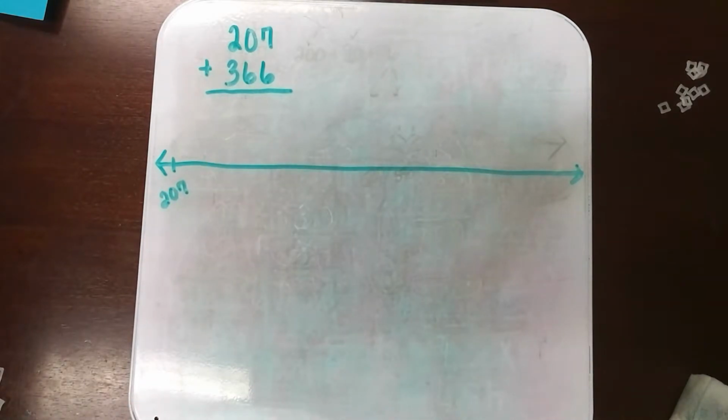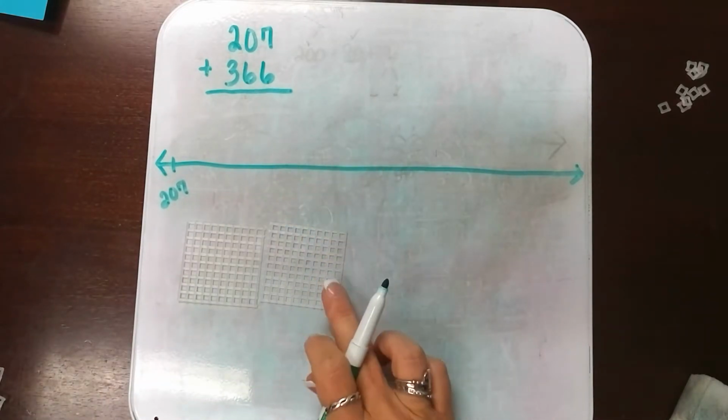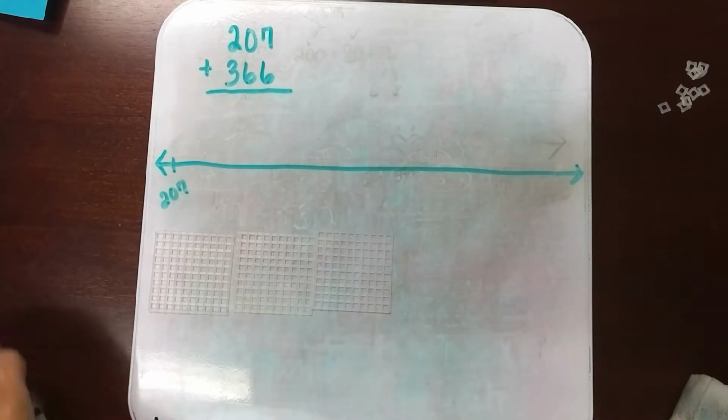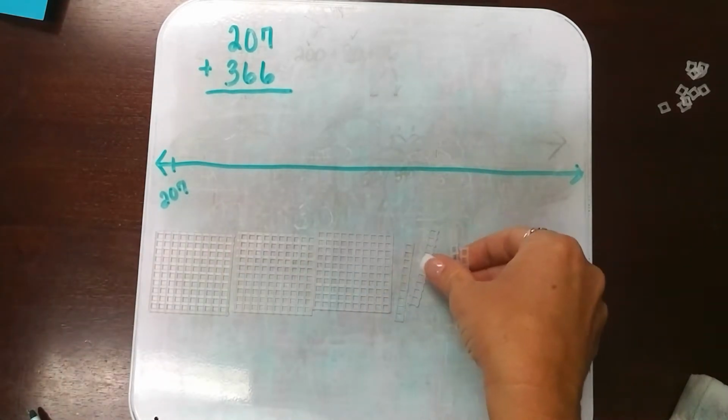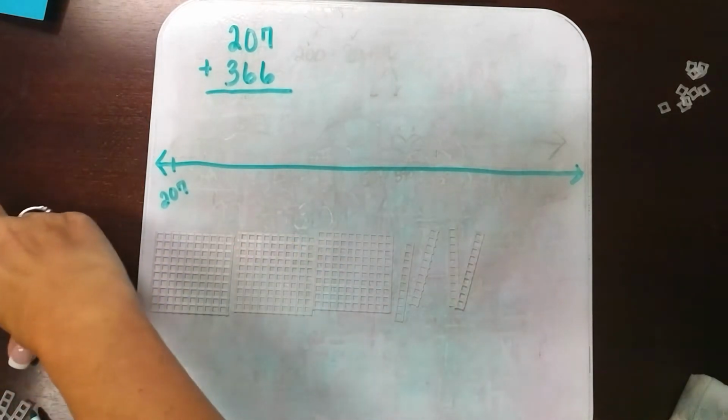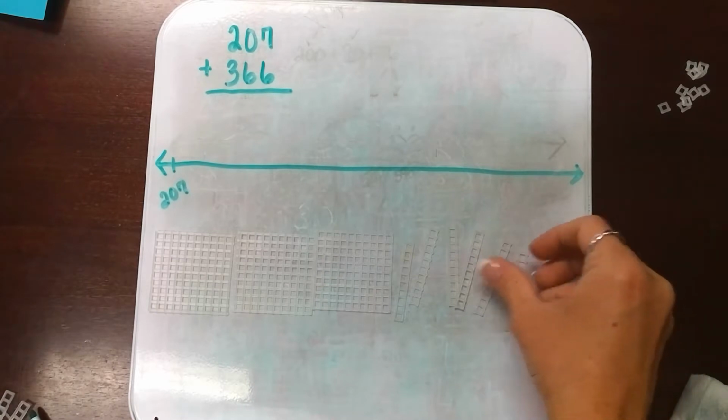Okay, and what's great about the open number line is students can do it really however they choose to. When you start out talking about the open number line, you can use the base 10 blocks as well. So I can say I need to add 366 to 207.